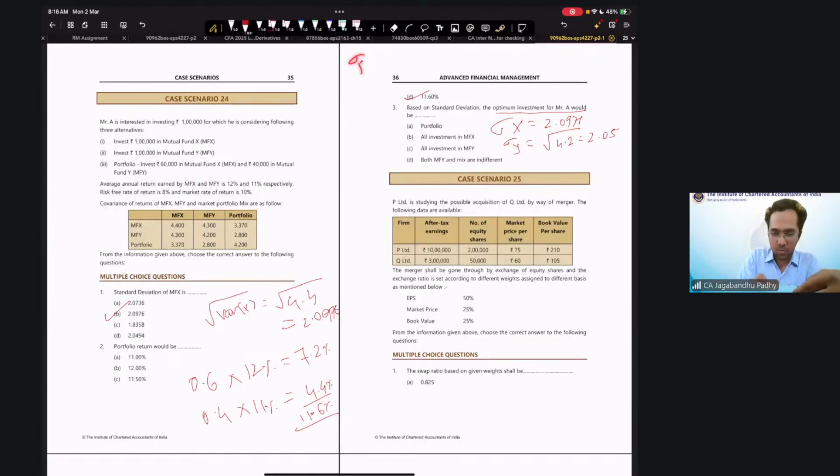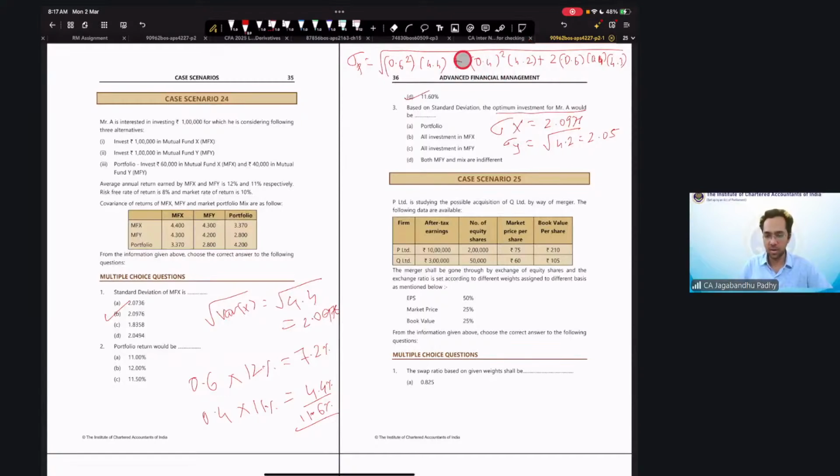Standard deviation of portfolio is the square root of 0.6 square into the variance of X, which is 4.4, plus 0.4 square into 4.2, plus 2 into 0.6 into 0.4, weight of X into weight of Y, into the covariance, which is 4.3.